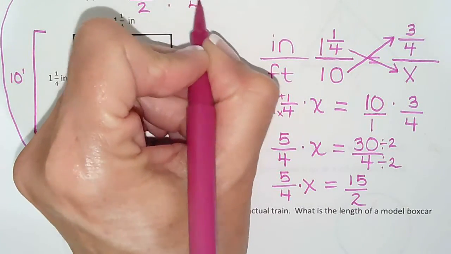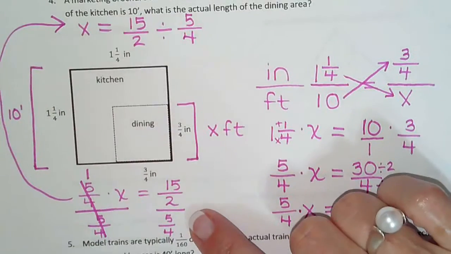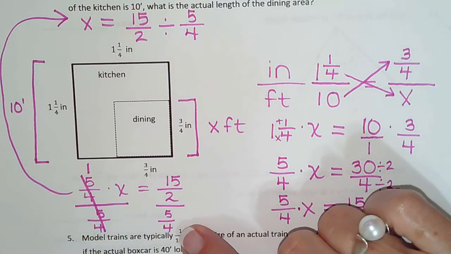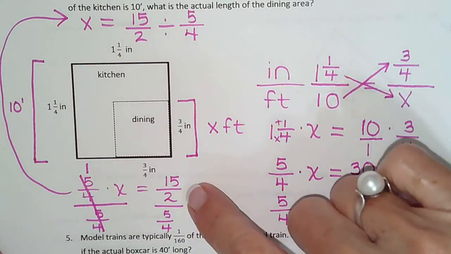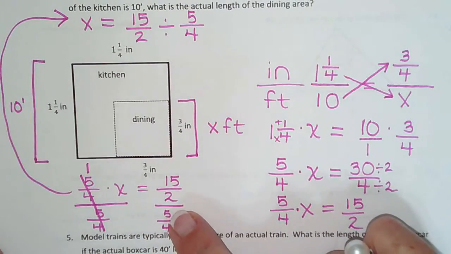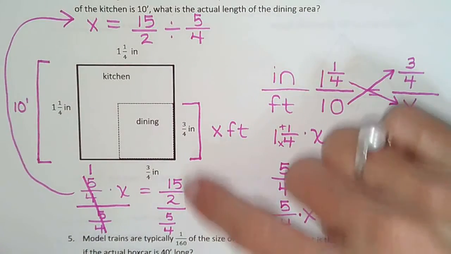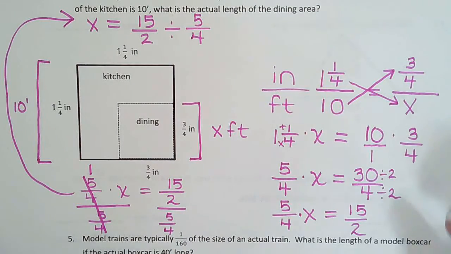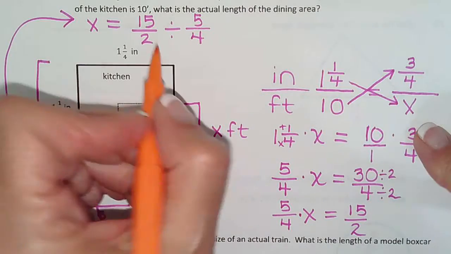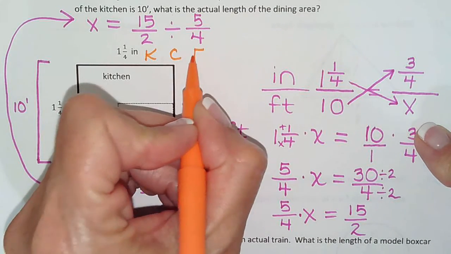So now you look at it and go, oh, I know how to do that one. But when you see it in this form, not so obvious. So keeping it in the same order, you just change it to a division problem because that's what a fraction bar means, is division. So it's 15 halves divided by 5 fourths. And we learned in Module 3, whenever it's division, we do keep, change, flip.